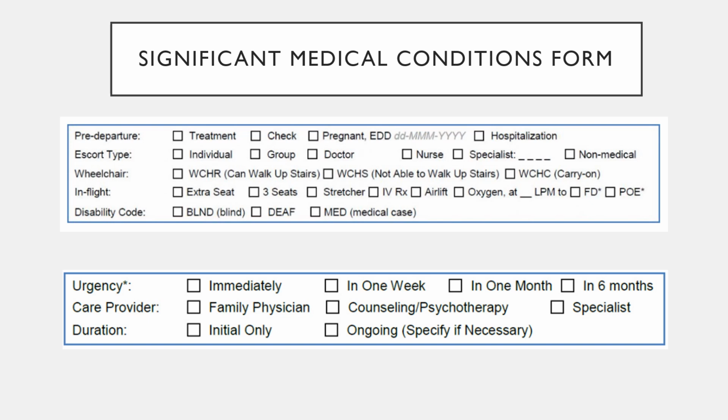And then the bottom piece of this also lists the urgency. A lot of times for complex cases, you're going to see immediately or within 1 week. And this is just something to point out to Harborview. That's sort of the ideal situation. And in some cases, you're not going to be able to get them seen that quickly.